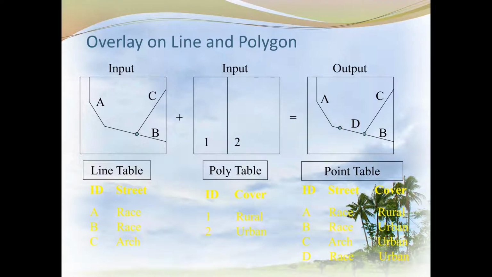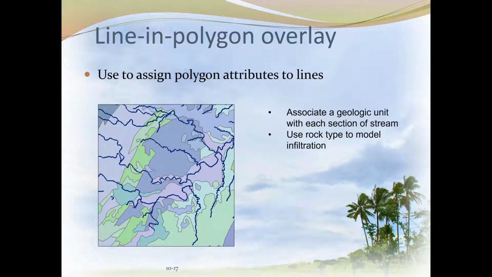Overlay on line and polygon: we can see the line table and the race arc in urban and rural and urban area. So we have a race arc, and we will see which landscape they belong to. For line and polygon overlay, we assign polygon attributes to lines.